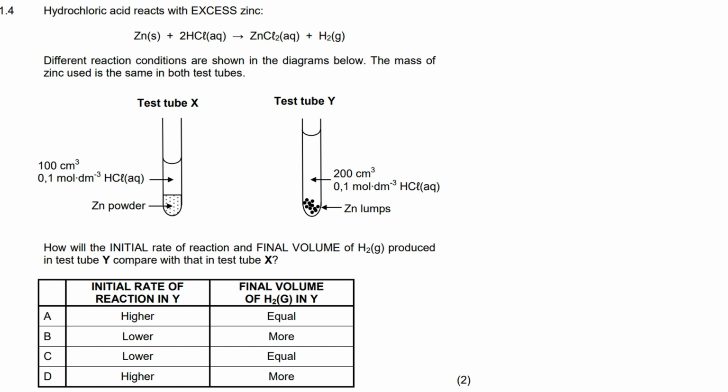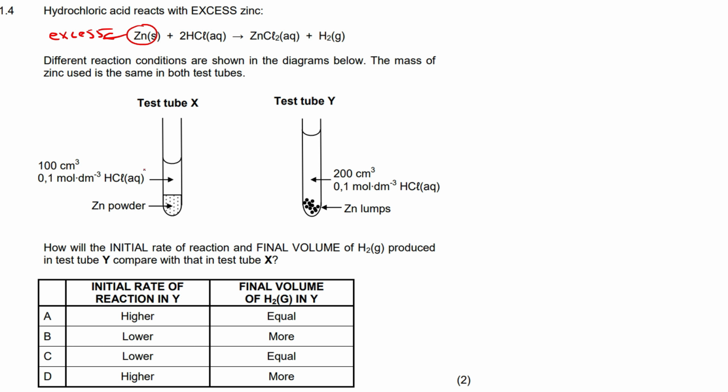Hydrochloric acid reacts with excess zinc. Okay, so here's the reaction, and we know that the zinc is in excess. Okay, that's interesting. Normally it's the liquid or the aqueous that's in excess. So here we've got the zinc in excess. Different reaction conditions are shown in the diagrams below. The mass of zinc used is the same.